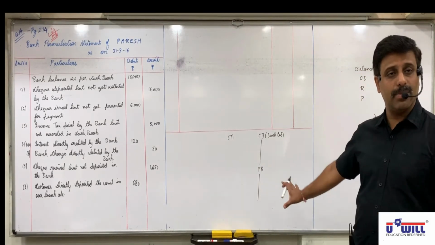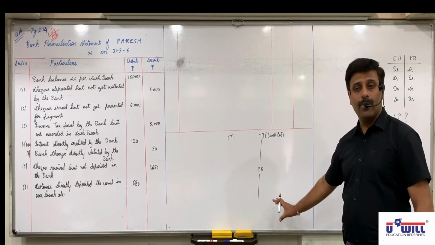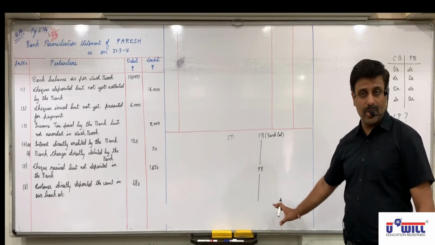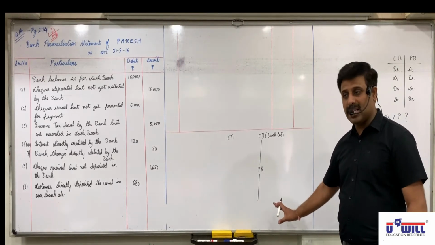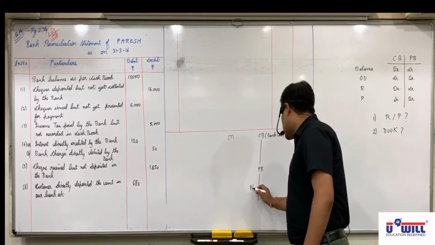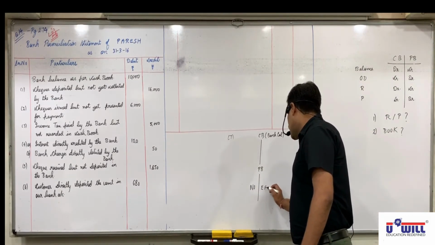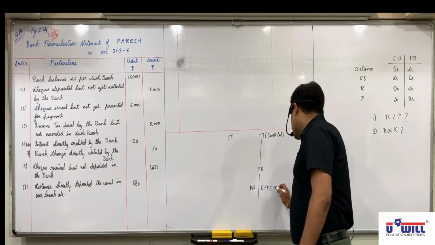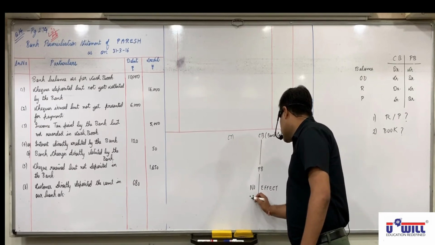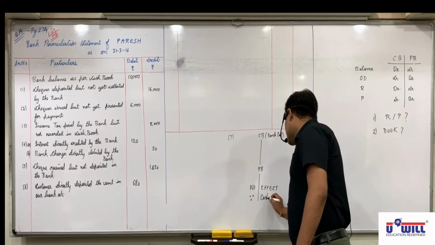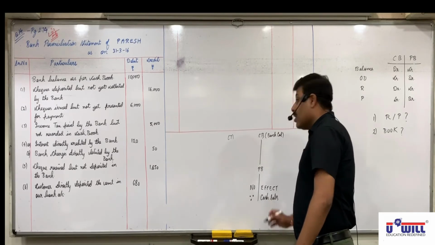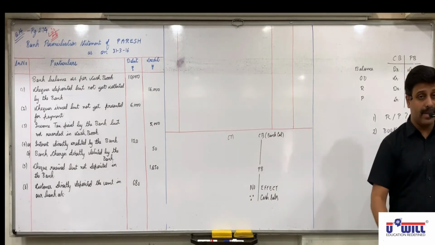Will it come in passbook? We have received the money in cash, so it has nothing to do with the bank. Will it come in passbook? Means in passbook there will be no effect since it is cash sales. But in cash book now what mistake we have done?